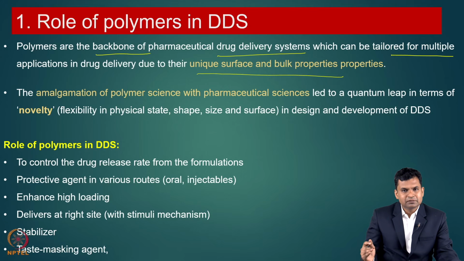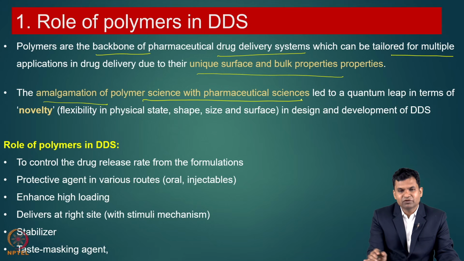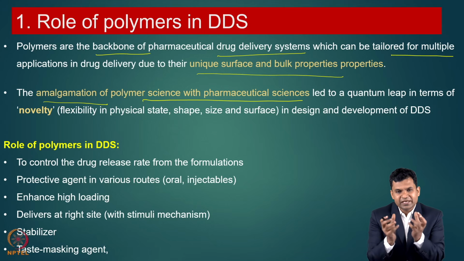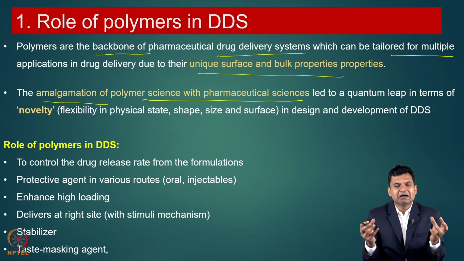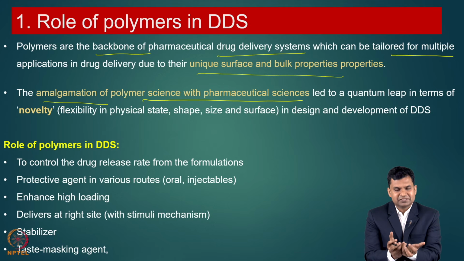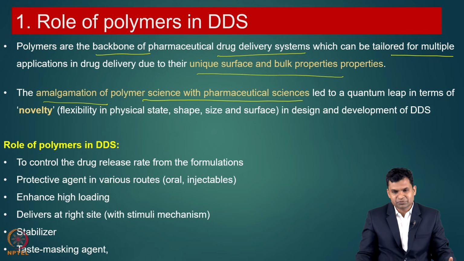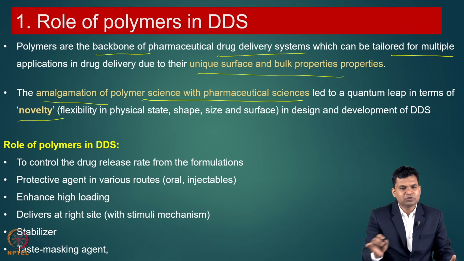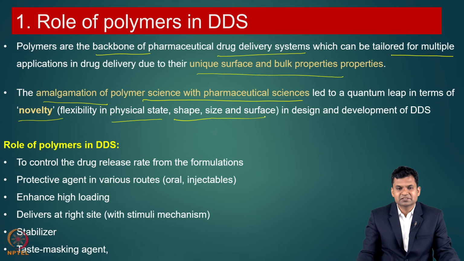Here we will see the amalgamation of polymer science with pharmaceutical science. We take various polymers and our drugs, carriers, therapeutic agents and active molecules, and unite them to create one delivery system, which speaks to novelty because the physical state will change, and the shape, size and surface will also change.